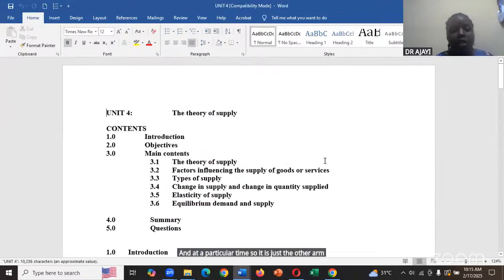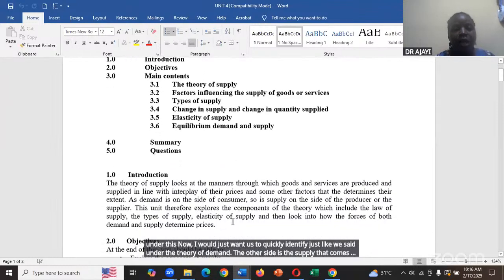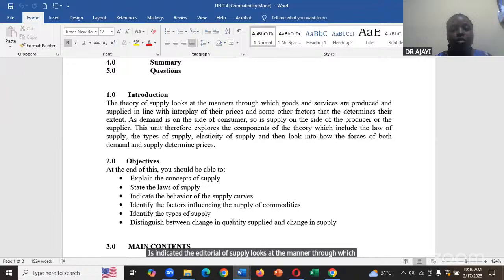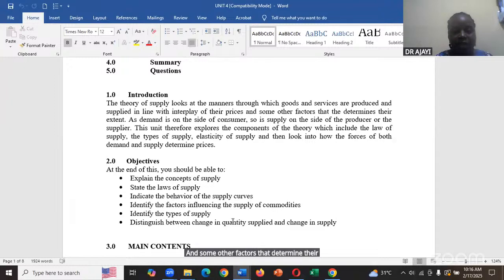So under this now, I would just want us to quickly identify, just like we said under the theory of demand, the other side is the supply that comes under the supplier or the producer side. As is indicated here, the theory of supply looks at the manner through which goods and services are produced and supplied in line with the interplay of their prices and some other factors that determine their extent.